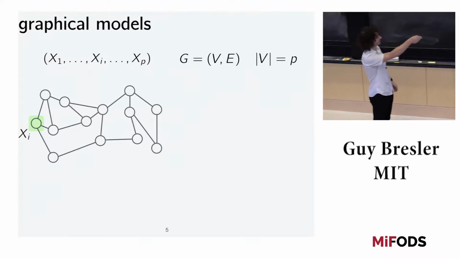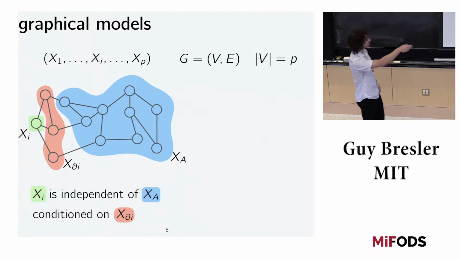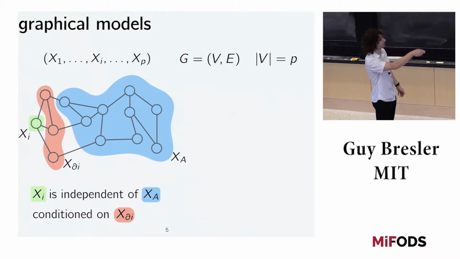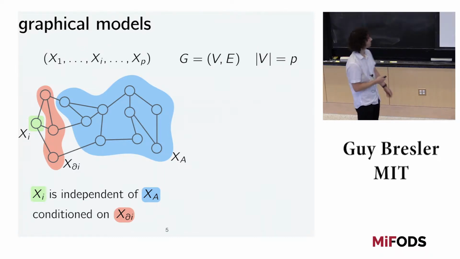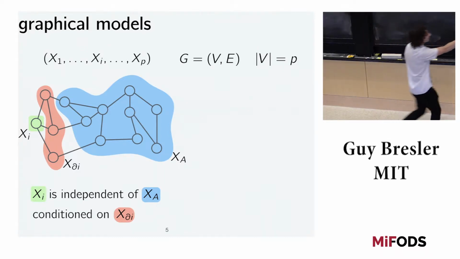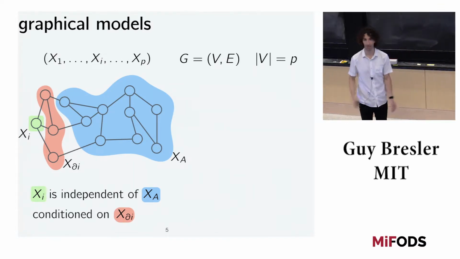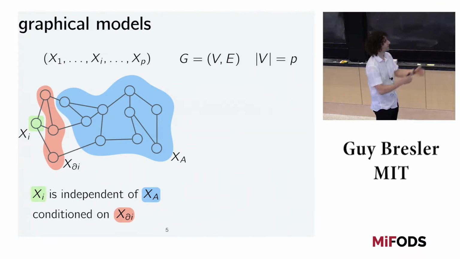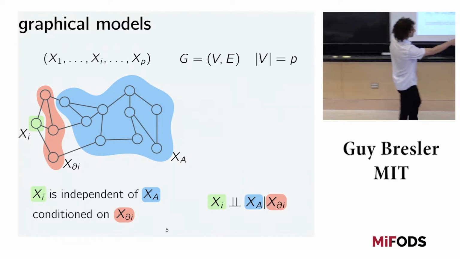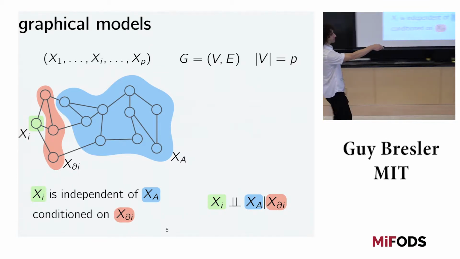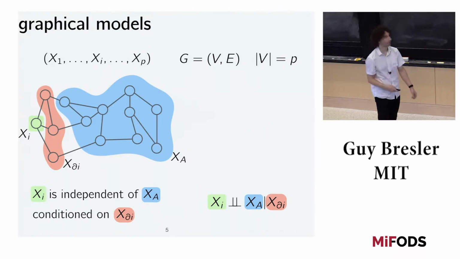So in particular, every vertex xi will be conditionally independent of all the other variables given the set of variables at the neighbors. We'll use this partial i to mean the neighbors of i, and that will appear again and again and again. It's like a boundary set. And also we have this compact notation: xi is conditionally independent of the rest given x partial i, the neighbors of i.